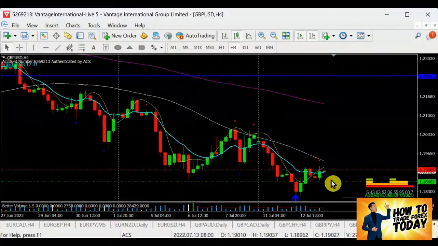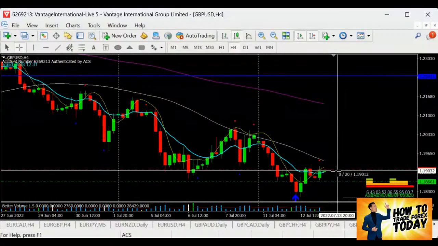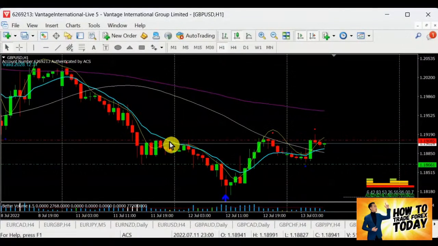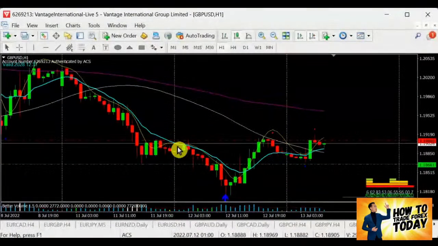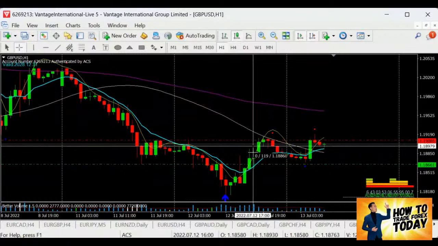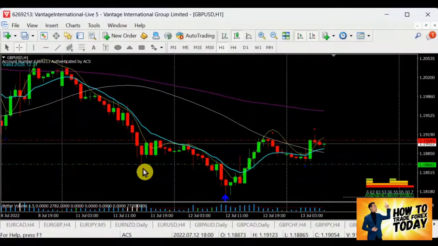Are we still good to sell? From this level to this level is about 40 pips of space. If we take a look, yesterday we were talking about this resistance. After this swing down, when it reaches the resistance, it actually has a swing down of about 40 pips.